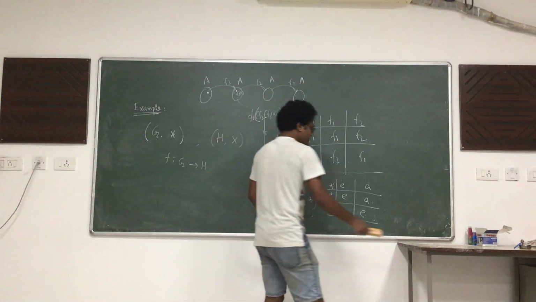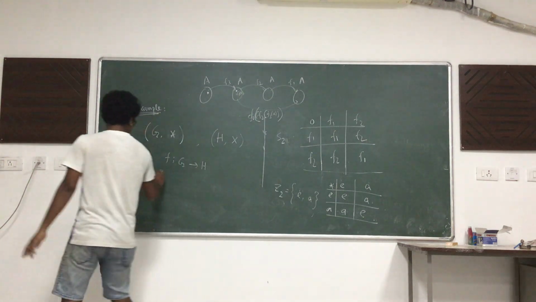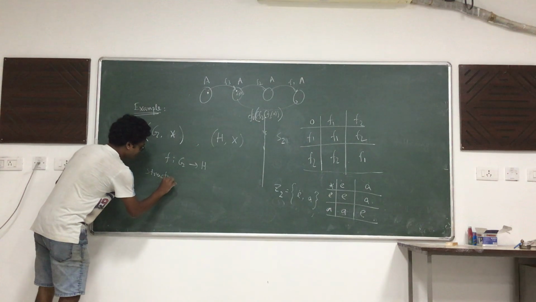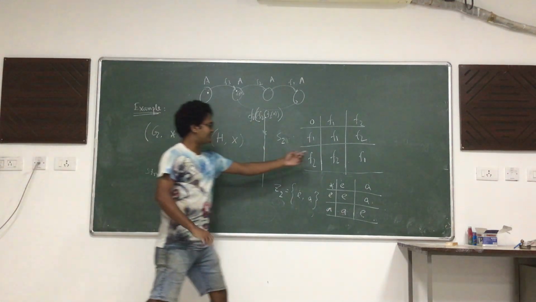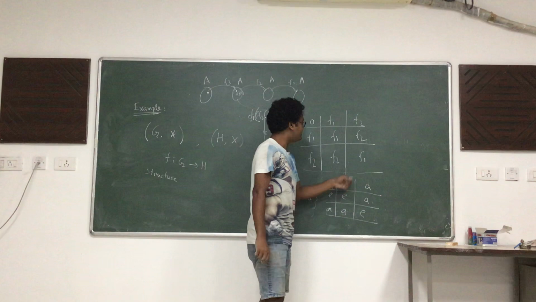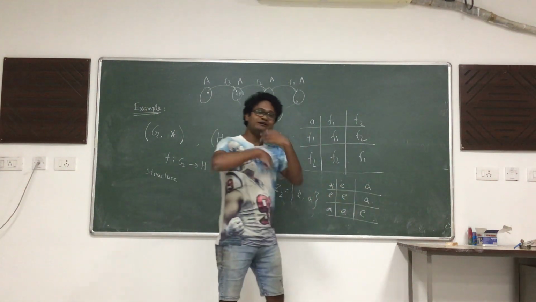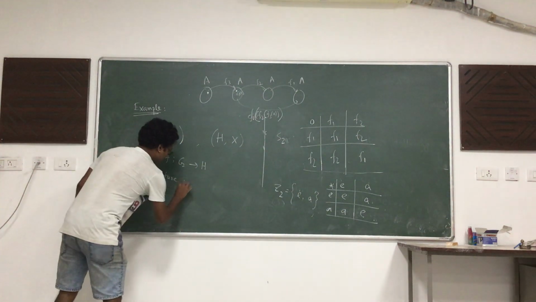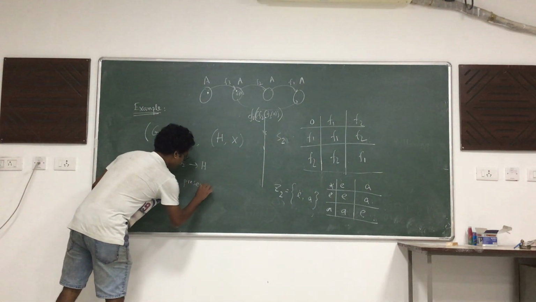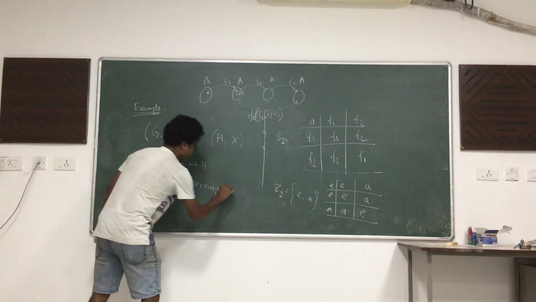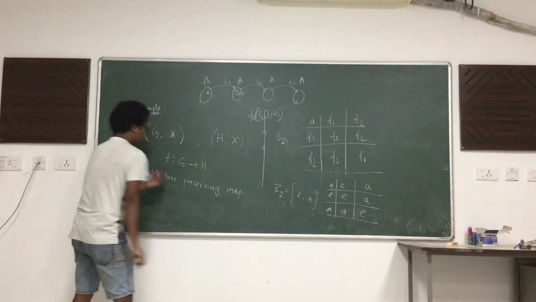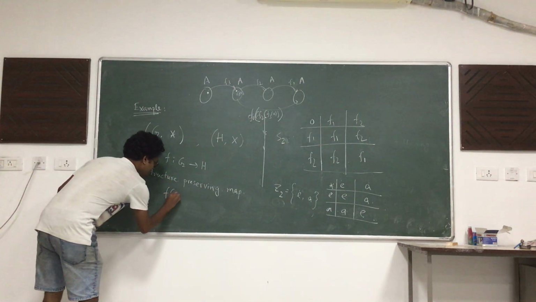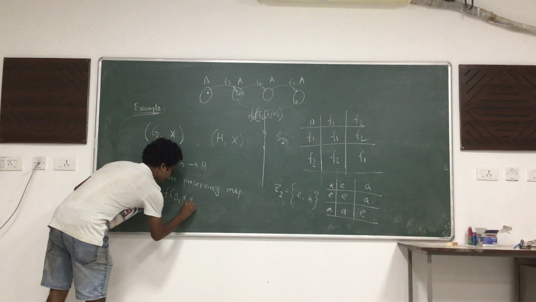I mean, then we can compare these two groups. So this is a structure preserving map between groups. It not only assigns F1 to E and F2 to A, it also preserves the multiplication structure inherent in the group. So what is the condition I have to have? I have to have that f of G1 times G2 is equal to f of G1 times f of G2.